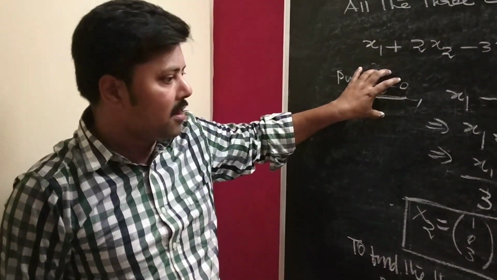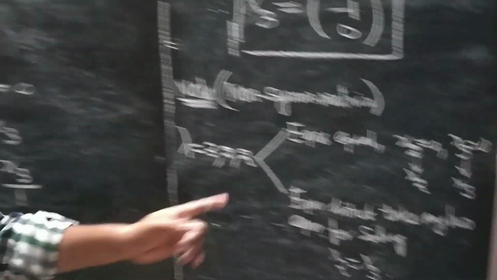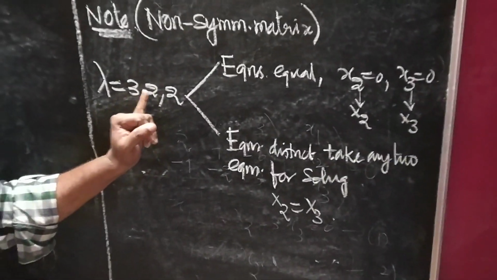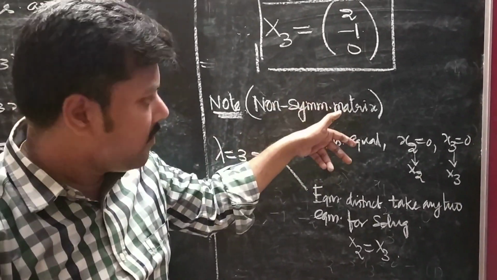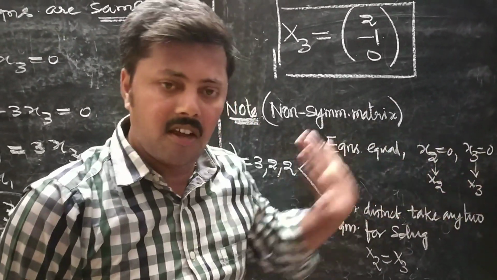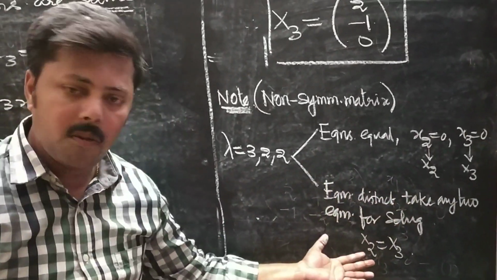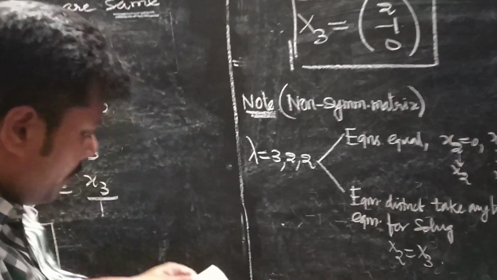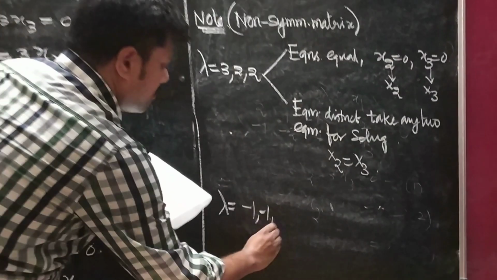If equations are same, substitute any one of the variables x2 0 or x3 0, we get the second and third eigenvector. Eigenvalues are equal, 2 repeated twice. Suppose equations are equal, put x2 0, we get the second eigenvector, x3 0, we get the third eigenvector. Suppose equations are distinct, consider any two equations solved by cross multiplication rule, we get one eigenvector, that is x2 equal to x3. Similarly, lambda equal to minus 1, minus 1, minus 1.